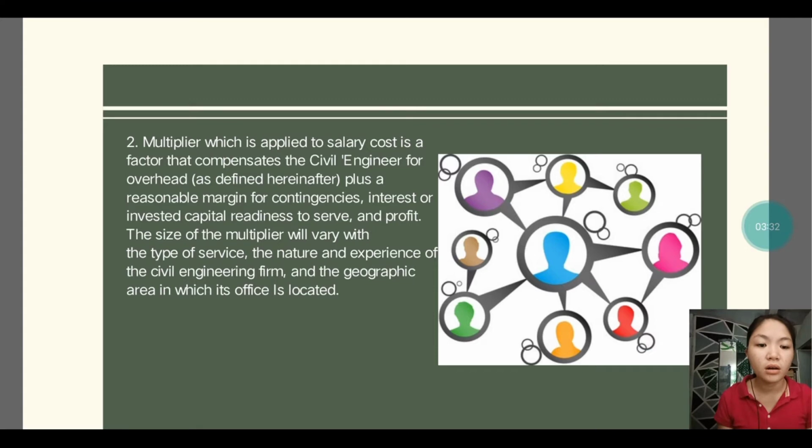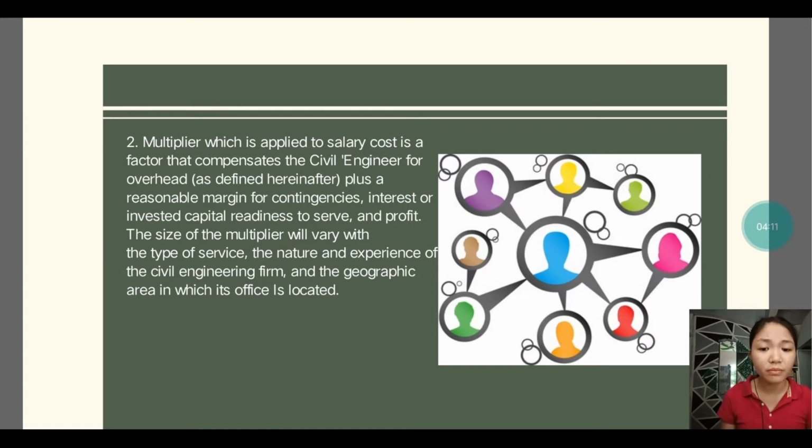Multiplier is a way of measuring how important one industry is to another industry. For example, if an industry has a multiplier of 2.5, for every positive or negative change in the industry, the total effect on the regional economy will be 2.5 times the original change.